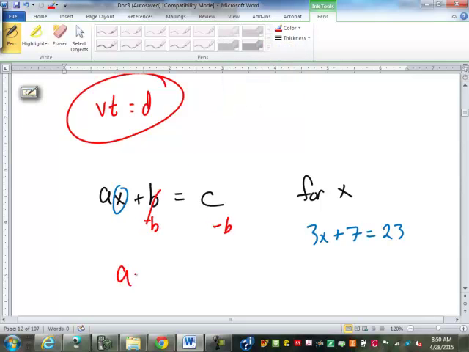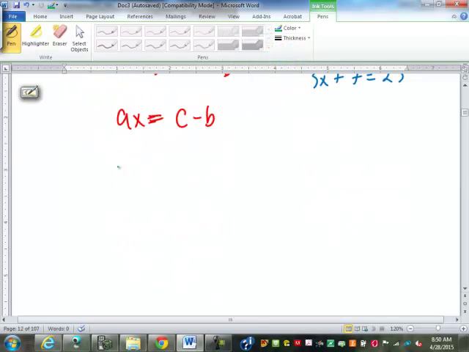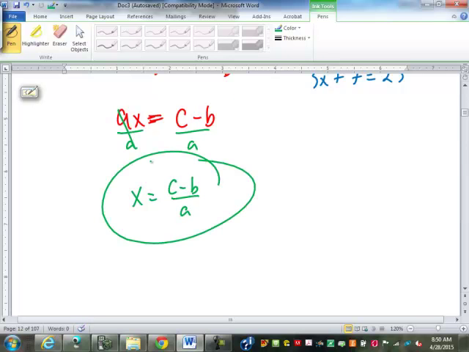So that's gone, leaving us with ax. What's c minus b? c minus b. Now what do we have to do? Divide by a, right? And again, we're just going to use that fraction and division connection to realize that's just c minus b over a. And that's it. Real tough?